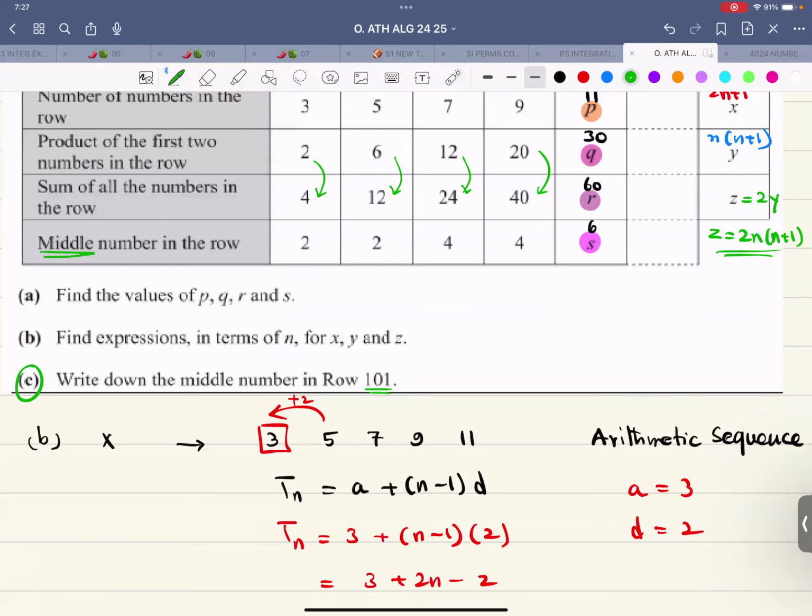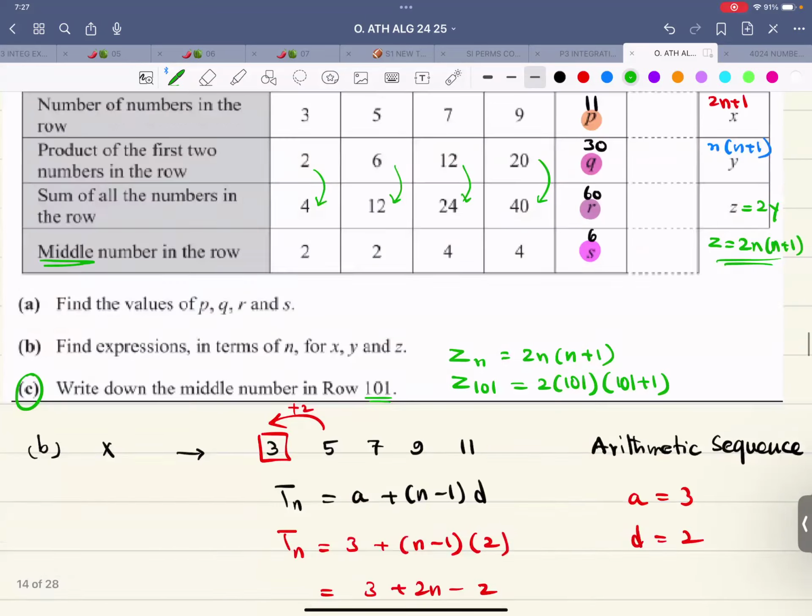So z n is 2n into n plus 1. If we are looking for Z101, that is 2 times 101 into 101 plus 1. Just use a calculator and then you will get this particular answer. So that's how this particular question is done.